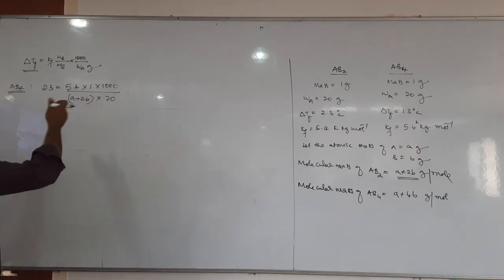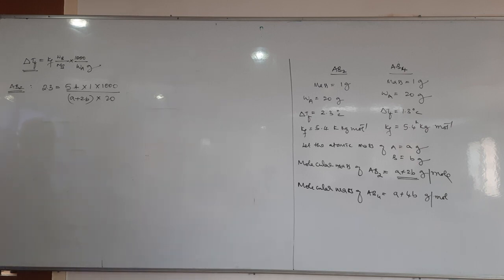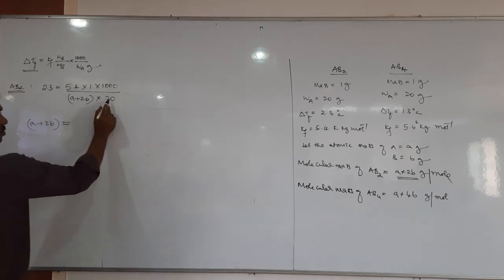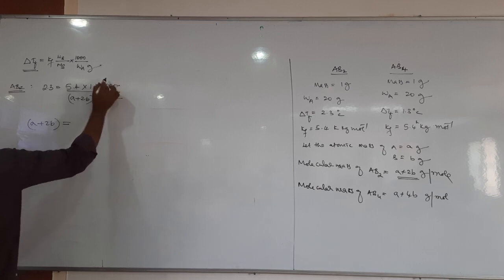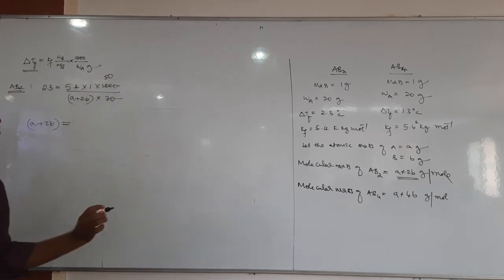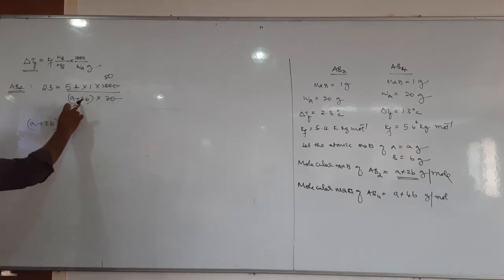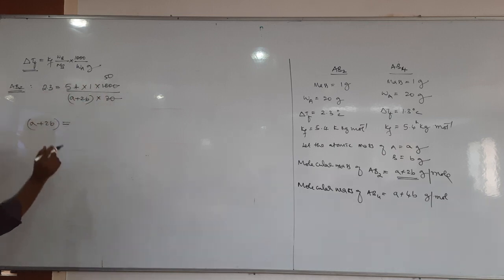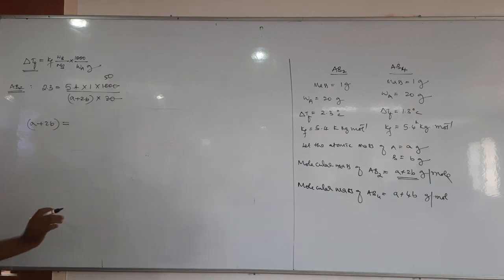Same data I am substituting there, that's it. You simplify, we actually want a plus 2b. Calculate. Transfer here, multiply these two. What is a plus 2b equal to?